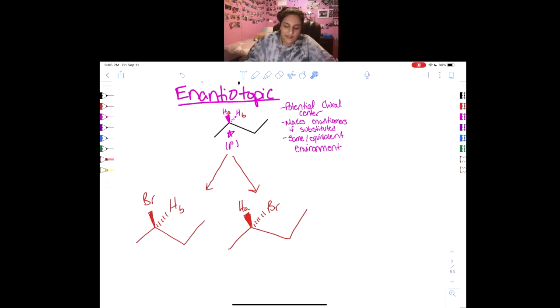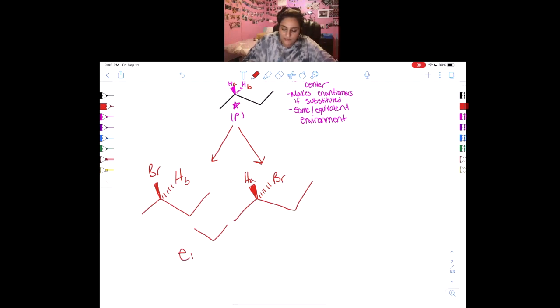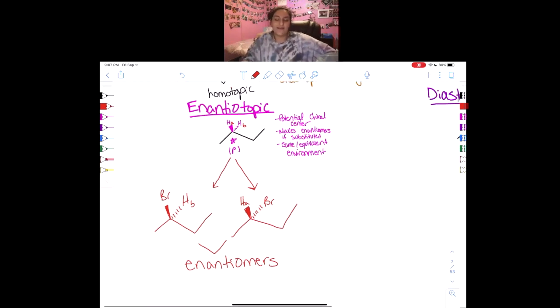The relationship between these two molecules is enantiomers. And enantiomers have the exact same properties. So we are going to have enantiotopic hydrogens that are exactly the same. So if he were to give you HA and HB here and ask you what their relationship is, it is homotopic, but the better word is enantiotopic because that is more specific.